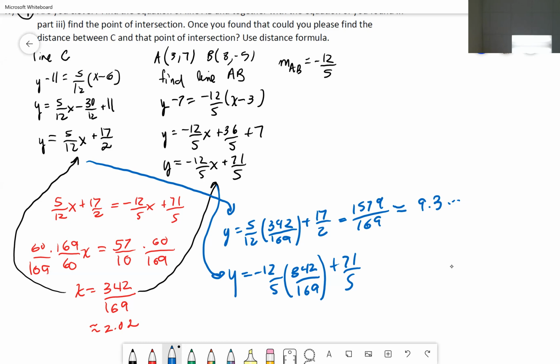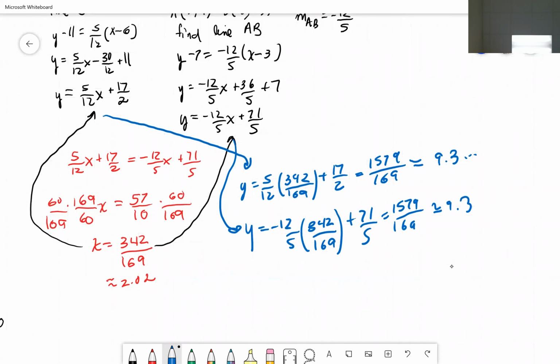I can take negative 12 times 342 divided by parentheses 5 times 169, and then add 71 divided by 5, in parentheses, divided by 5. Close that parentheses. And I get the same answer, 1,579 over 169, which is approximately 9.3. So I know now that I didn't make a mistake.